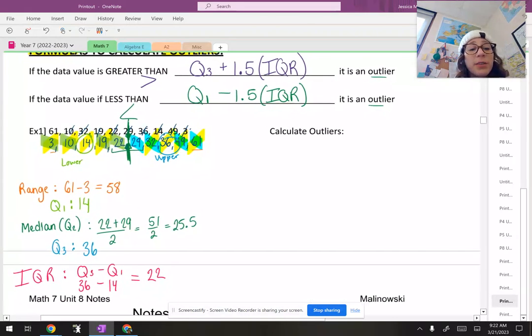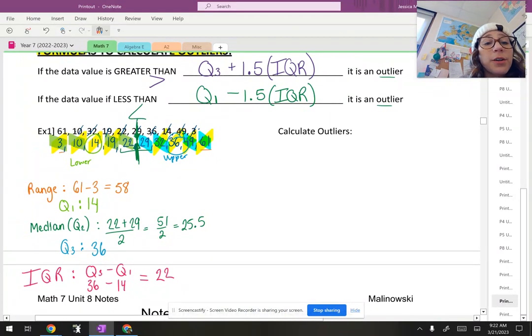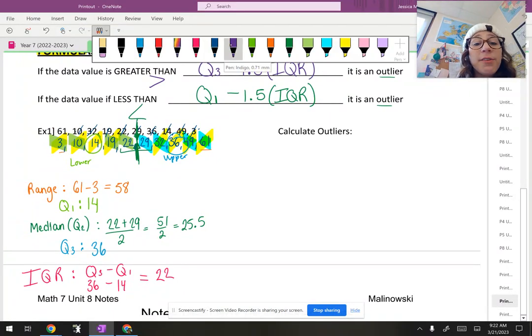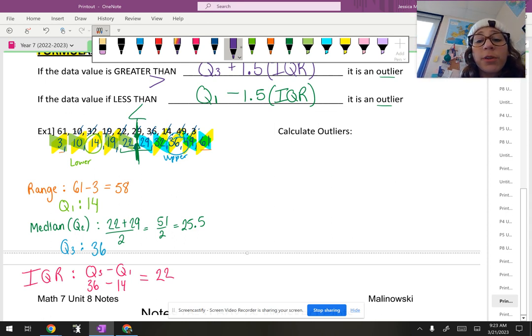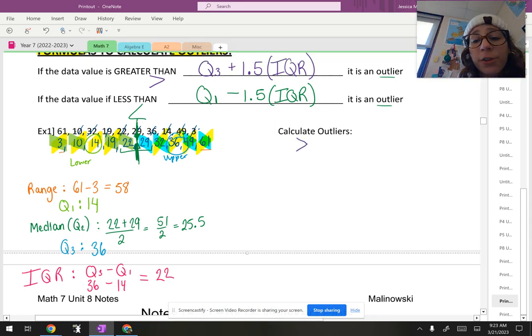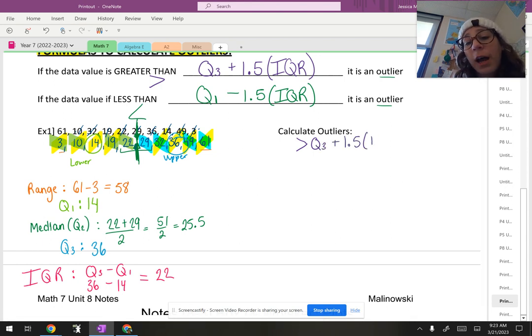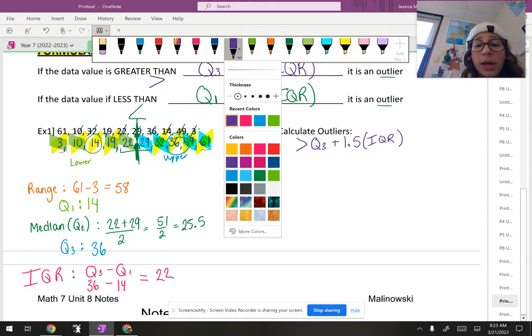All right, last but not least, for this example number 1 here, we are going to calculate to see if there are any outliers. So I'm going to use those formulas right from above. And first, we have to check to see if there are any outliers on the upper side, any larger outliers. So again, just copying down that formula. And now I know what these things are, so I can plug them in.